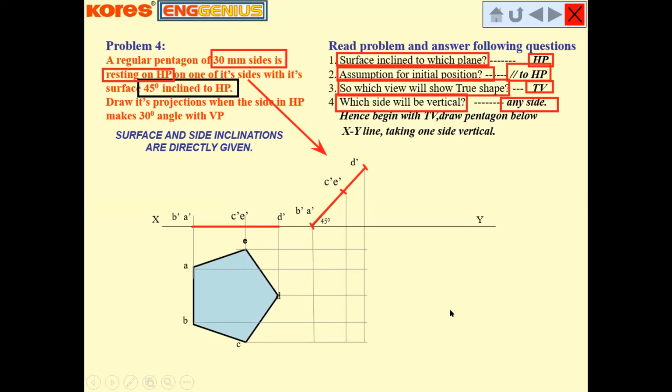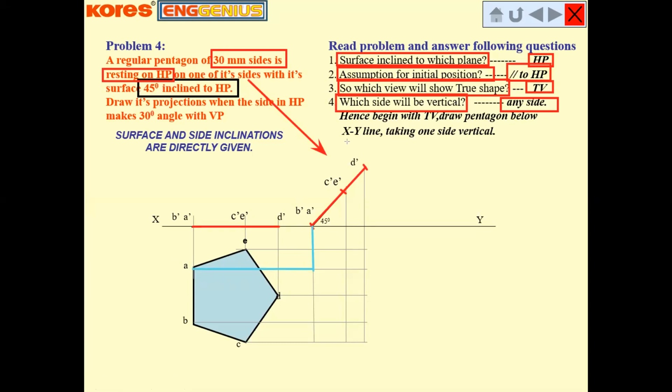And we will mark the intersecting point: where A dash meets the line vertically and the line from A horizontally, I will mark this point as point A1.